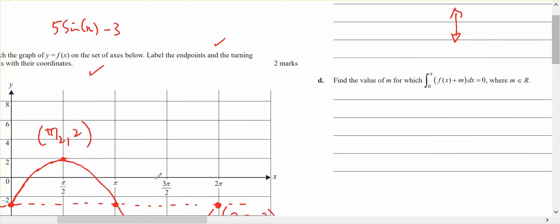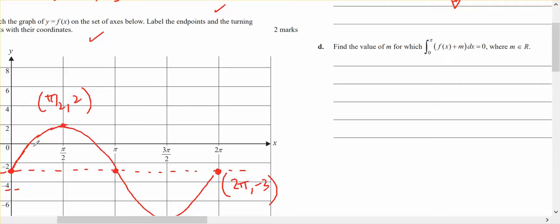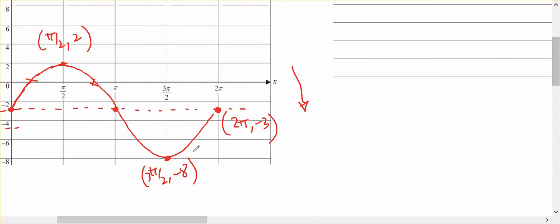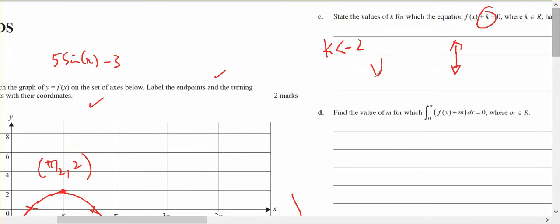If k equals 0, this is what the graph looks like, and there are 2 solutions. So the graph needs to move down more than 2 units. Therefore, k has to be less than negative 2, union with, it has to move up more than 8 units for it to be above this axis and not have any x-intercepts. Therefore, k is bigger than 8.